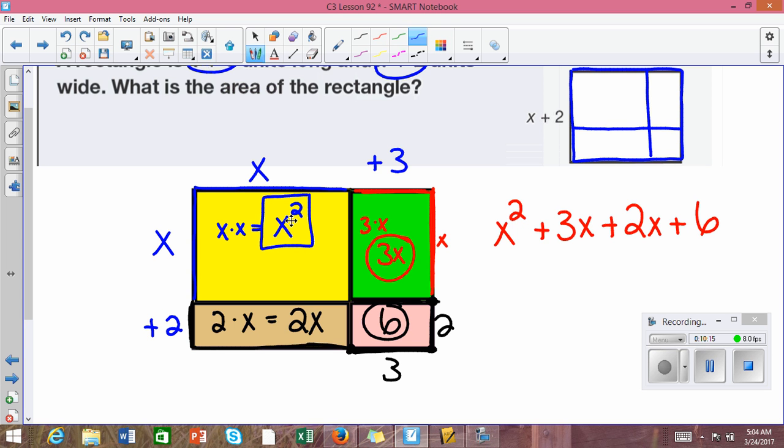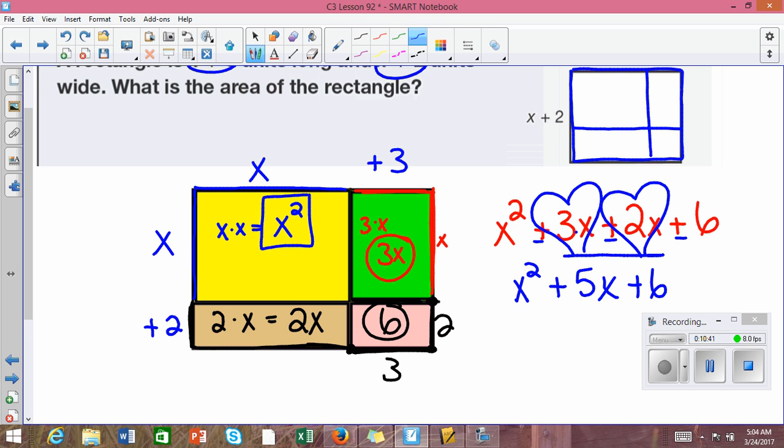However, when we add all of our areas together to find the sum of all of them, we can see that these two terms right here are the same. They are alike. So when we have like terms, we have to remember we can combine them. So right here we're going to have x squared. We are going to add 3x and 2x, which makes a 5x, and our 6 at the end.